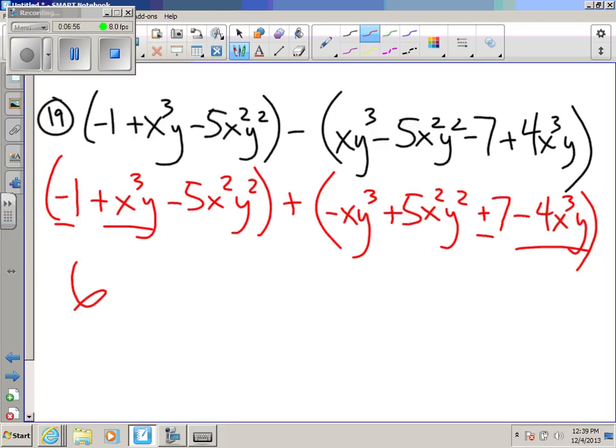Okay, so 1 minus 4, negative 3 x to the third y. And then a negative 5 x squared y squared with a positive 5 x squared y squared is what? Are there any x squared y squareds left? No. What am I missing?